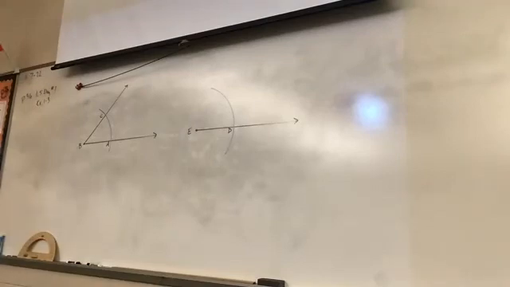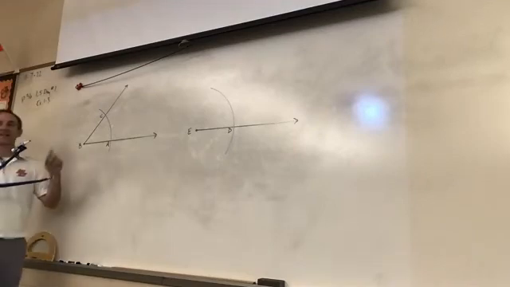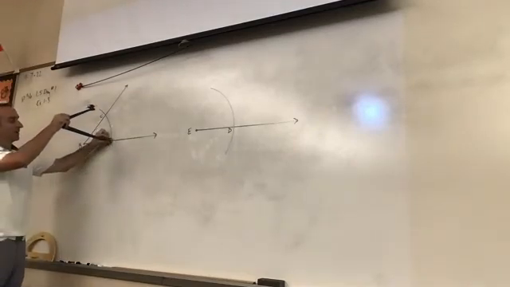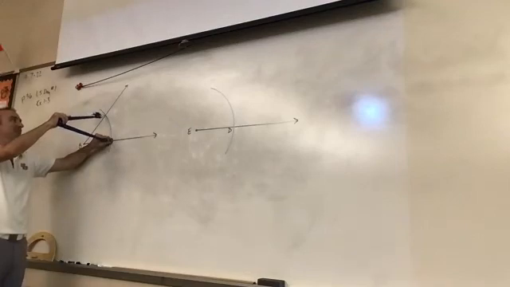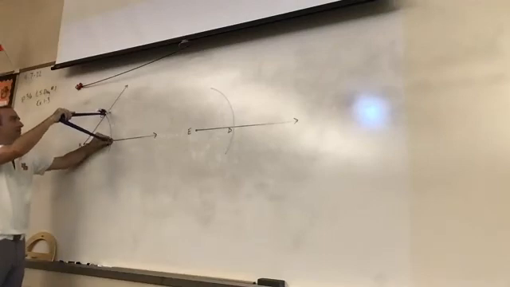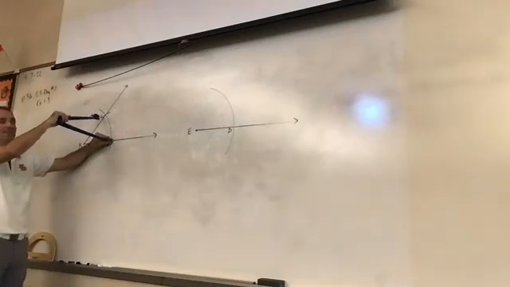Here's the next thing that we have to do. Using that compass again, watch up here first. We're going to put the point on A and open it up so the pencil is on C. So it's a specific width now. Point on A, pencil on C. I'm going to draw myself a little arc so I can make sure I'm in the right spot.